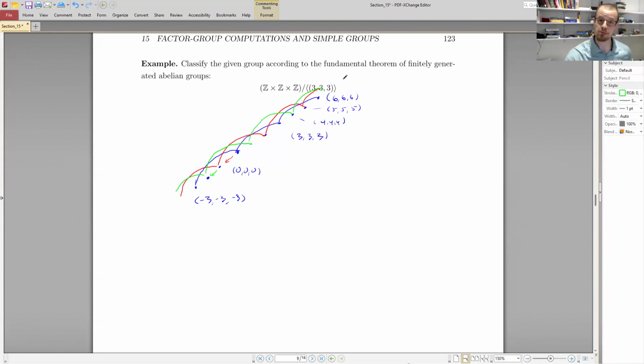So instead of it completely reducing to Z, here we have Z direct product with Z, direct product with Z, and we are taking the quotient by, or modulo by, what's generated by 3, 3, 3.